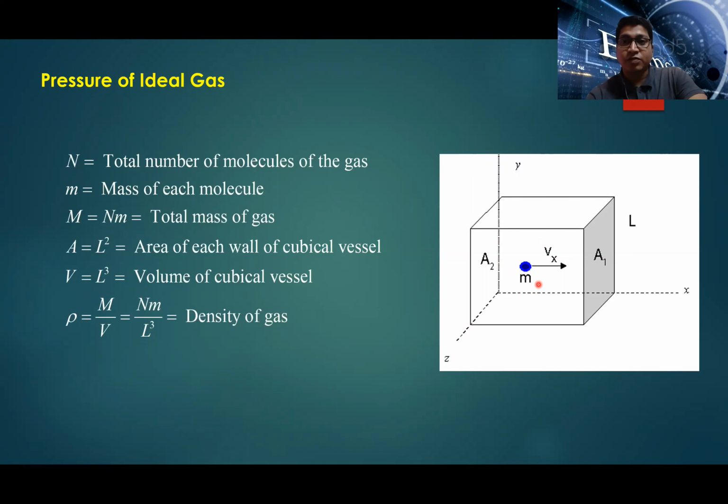So we will assume a typical molecule of the gas, a single molecule, which is moving randomly in this box. And we further assume that this molecule is not colliding with any other molecule, rather it is colliding only with the walls of the container. Now you might be thinking, how is it possible?